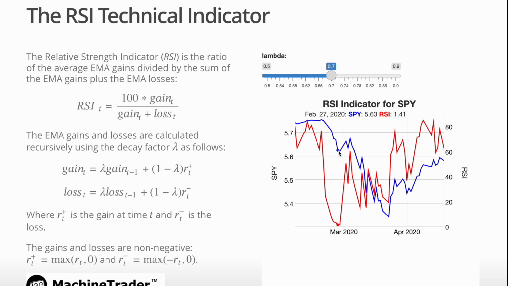Well, the RSI reached close to 0 on February 27, 2020, when prices suddenly dropped as a result of the COVID news, the COVID epidemic. They rebounded then slightly, and the RSI reached above 60 at that point, after which the prices started dropping again, and the RSI dropped below 20 on March 9th.